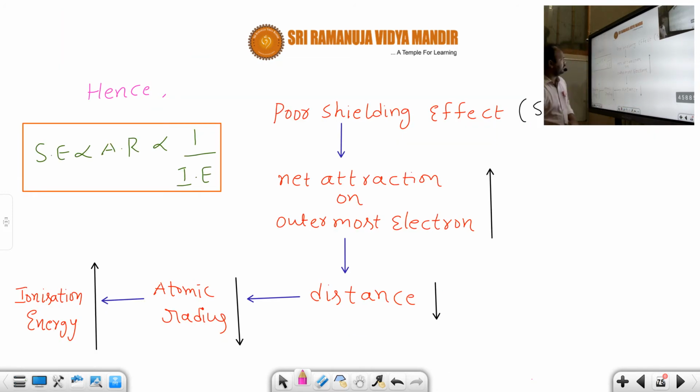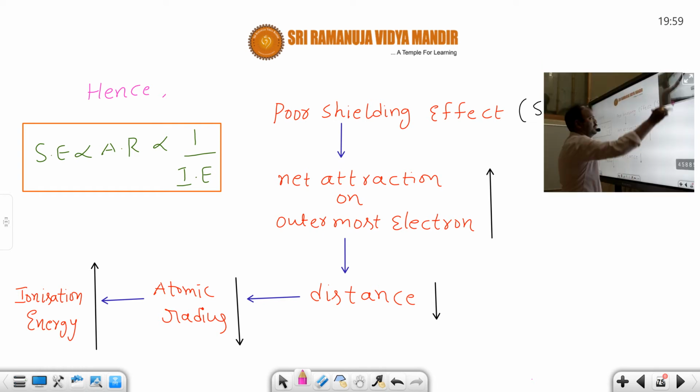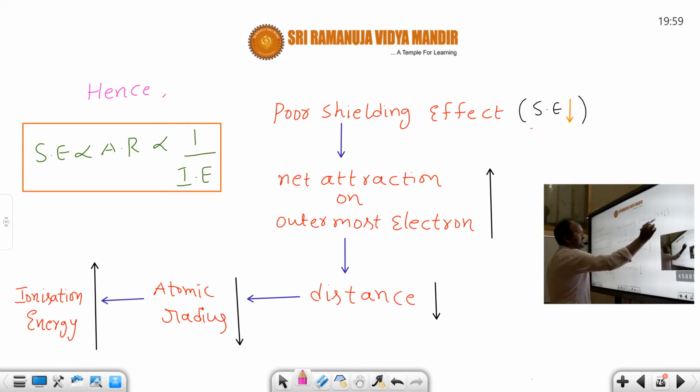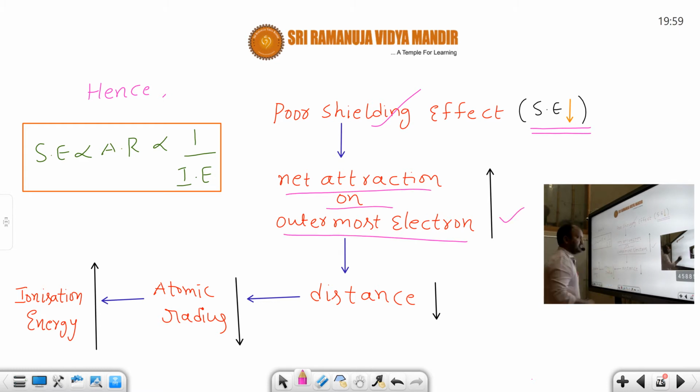Okay, we will go to another slide. Just now I have explained this. Whenever the shielding effect decreases, that means poor shielding effect, the net attraction on the outermost electron increases. Attraction increases, distance decreases. Distance decreases, radius decreases. Atomic radius and ionization energy are inversely proportional to each other. That's why when atomic radius decreases, ionization energy increases.